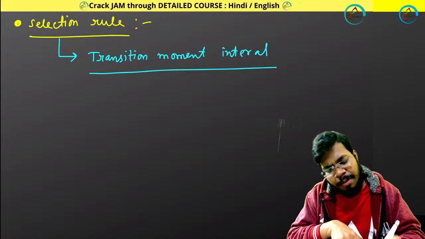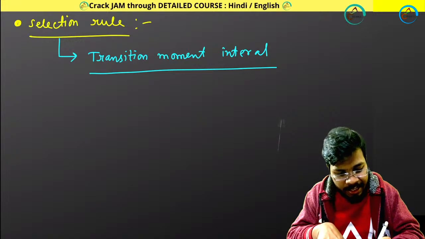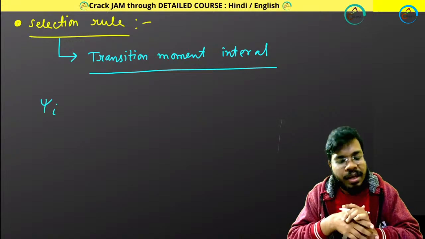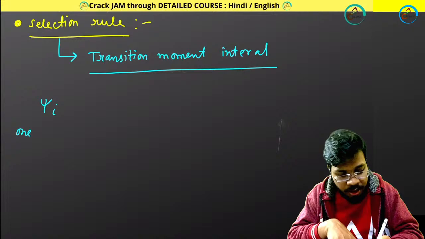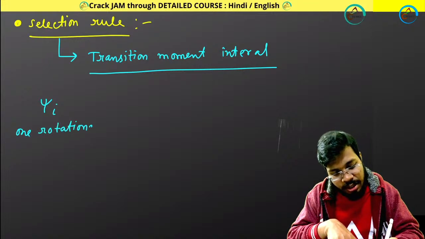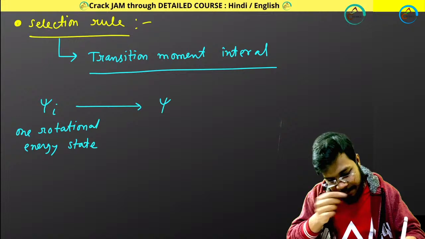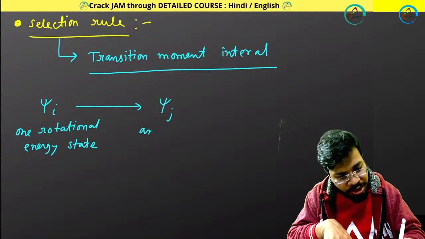According to this expression, suppose one rotational energy level state is represented through psi i. Psi i is one rotational energy state, and from here you are moving to psi j, which is another rotational energy state.